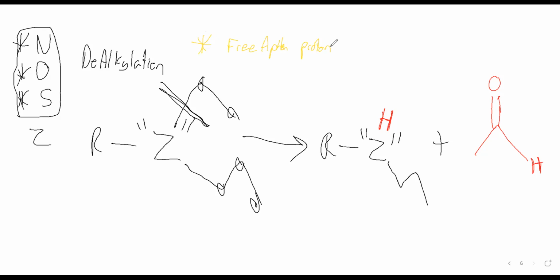There are occasionally structures where you don't have the alpha proton, but if you're pitched something where there is a carbon attached to a nitrogen, an oxygen, or a sulfur, the chances that you can do the dealkylation step is very high.